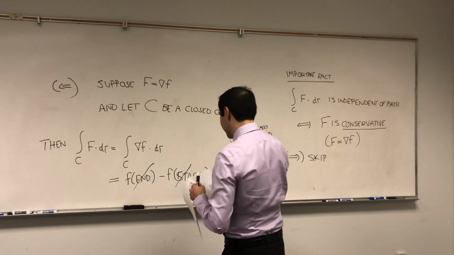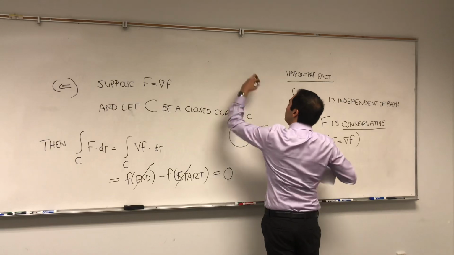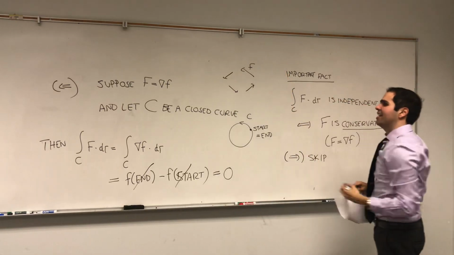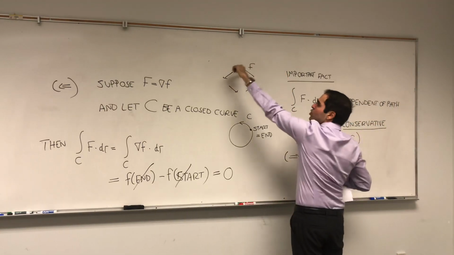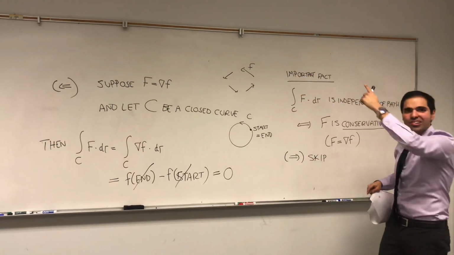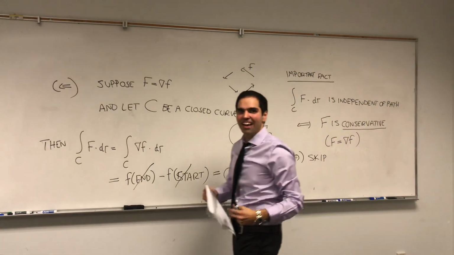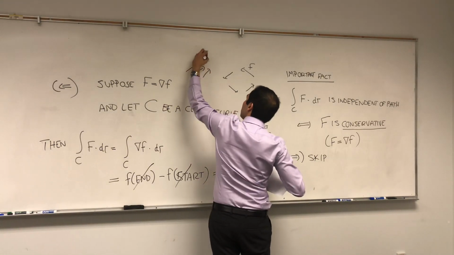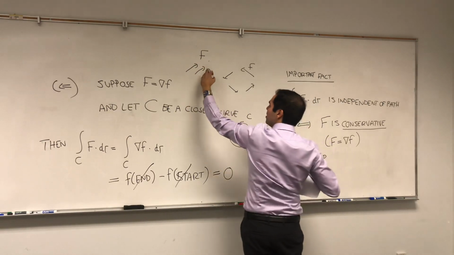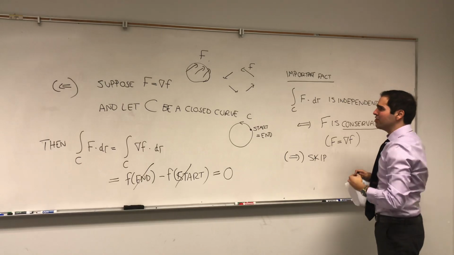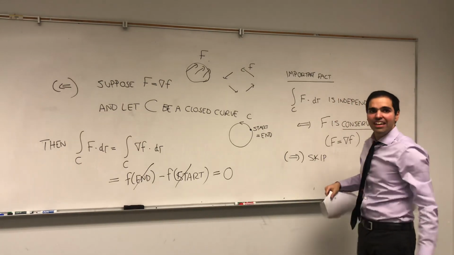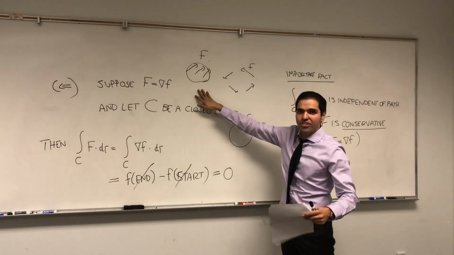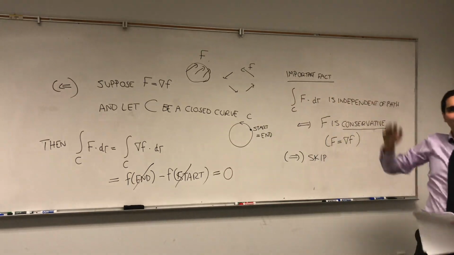So for instance, you can already see that the vector field F like that, it's not conservative because the circulation of F around, let's say, a circle is positive. It's not 0. But for instance, vector fields like that, well, kind of the circulation, if you integrate it around a circle, kind of cancels out and you get 0. So, conservative vector fields, they're not circular, but non-conservative ones are circular.